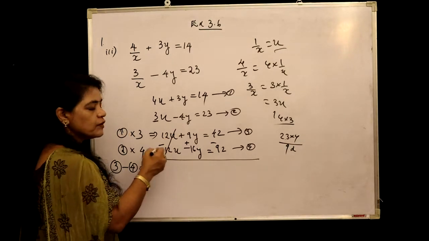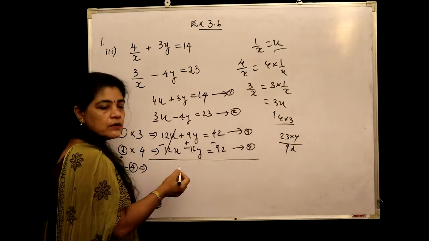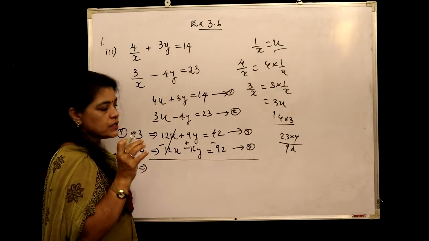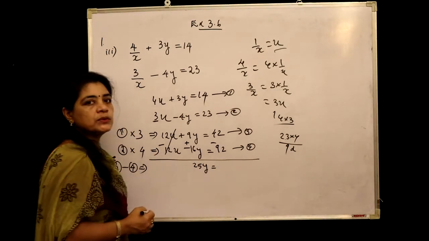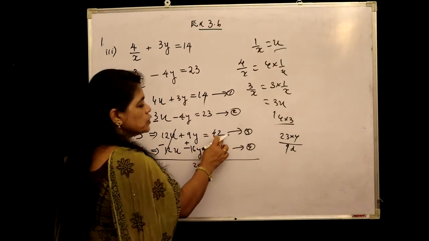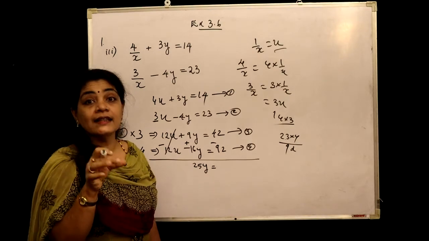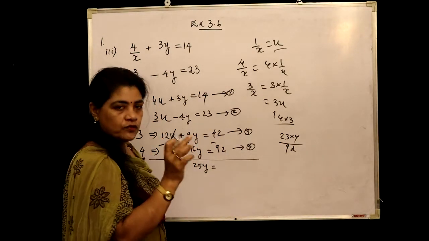So hence the first term gets cancelled. So positive and positive, 9y plus 16y. Add the coefficients, that is 25y is equal to 42 and minus 92. Different signs, so take the difference. 92 minus 42 is 50.